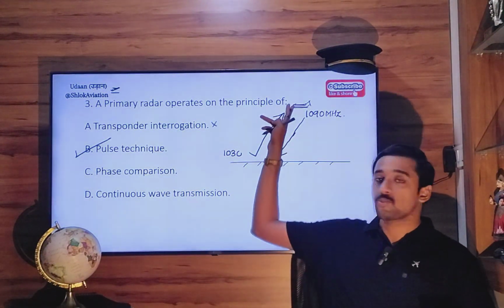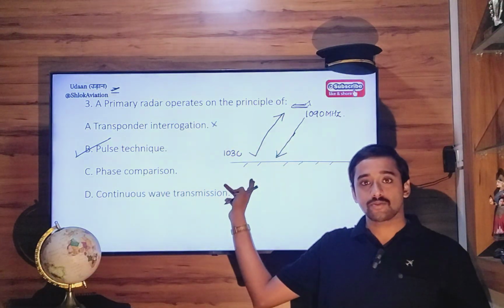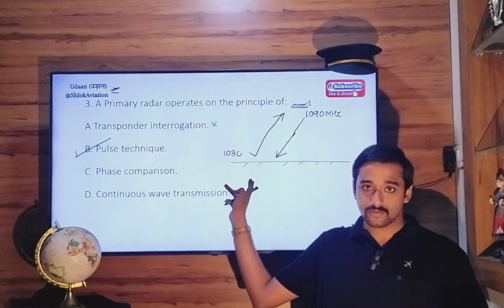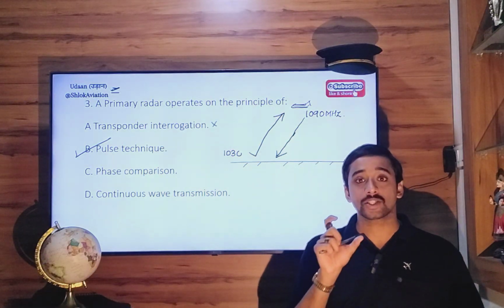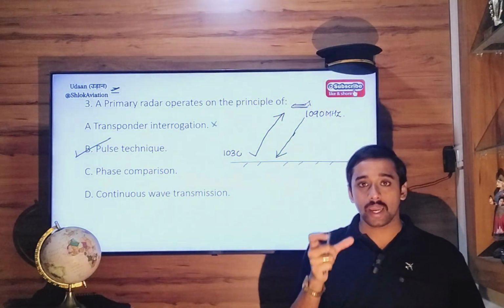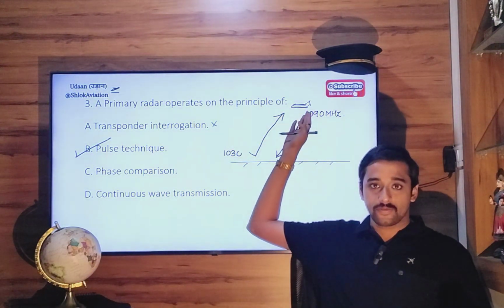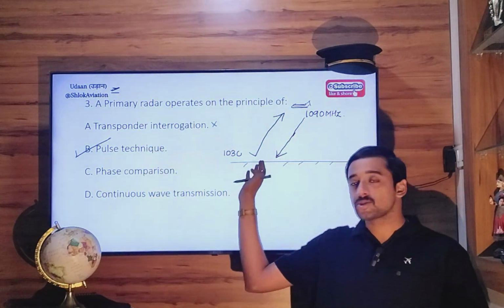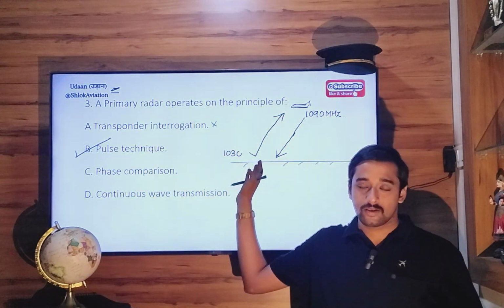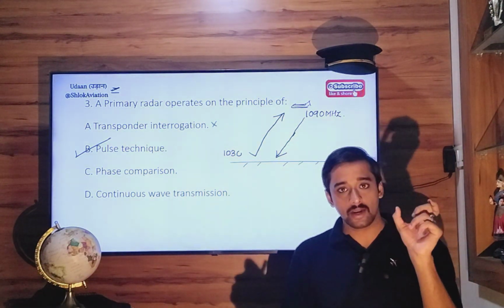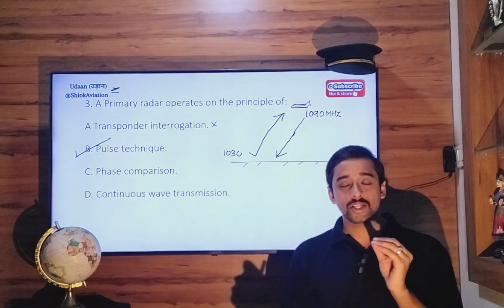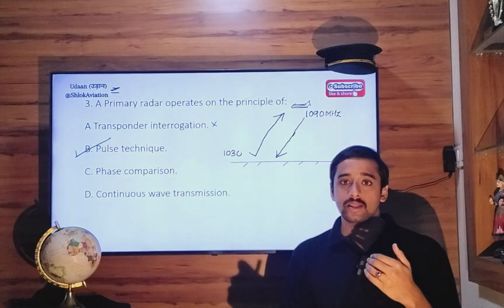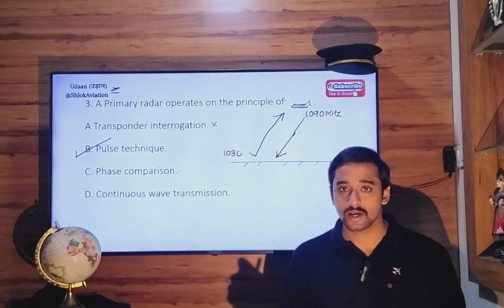So this will be a transponder in the air and an interrogator on the ground. It can be the other way around also. In case of DME, we have the transmitter or interrogator located in the air, and we have the transponder located on the ground. So the transponder can be in the air or it can be on the ground. Similarly, the interrogator can be in the air or it can be on the ground.